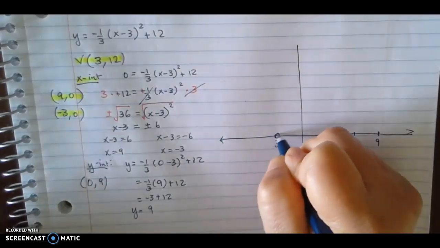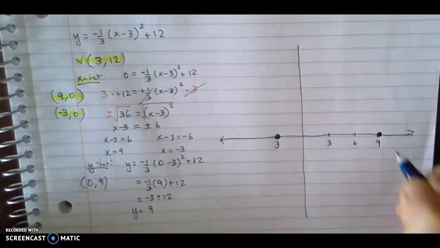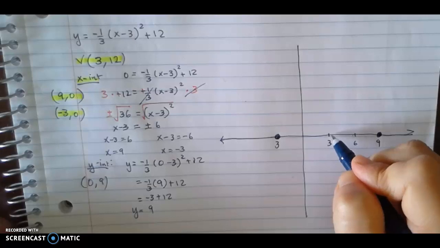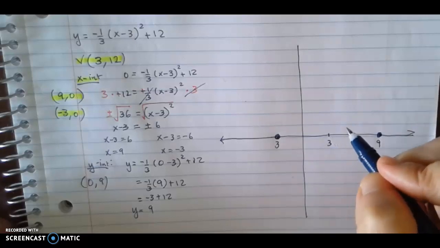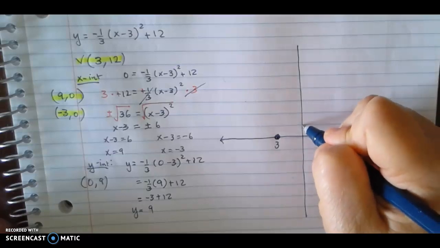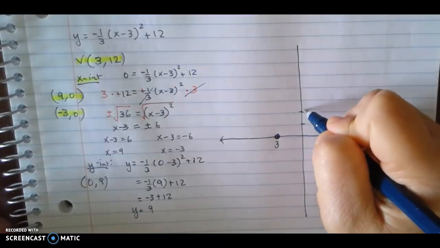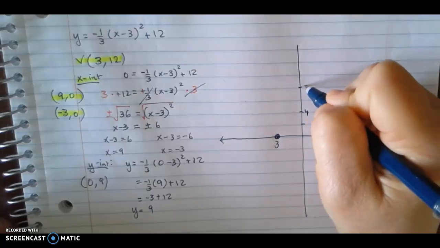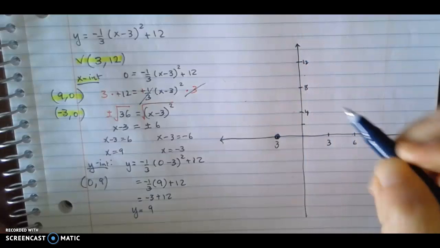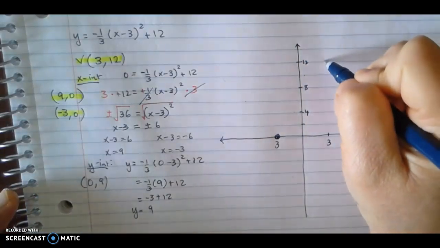So we know that this is a point here, this is another point, those are my x-intercepts. Vertex was positive 3 and positive 12. Okay, positive 12, let's just mark this as 2, 4, 6, 8, 10, 12. Let's call this 12 here. So 3, 12 is going to be right here.